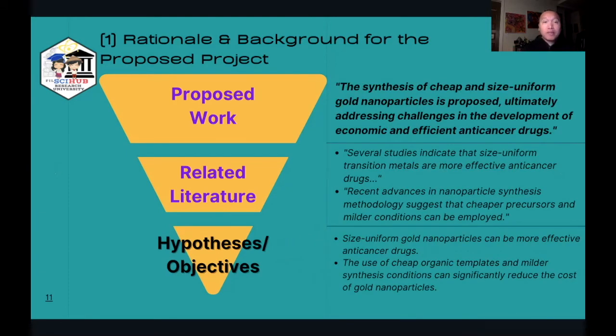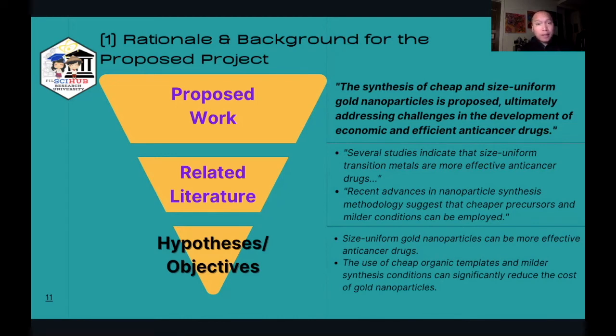Again, an example based on the nanoparticle idea. You begin with restating the proposed work. You say, the synthesis of cheap and size uniform gold nanoparticles is proposed, and ultimately the goal of it is to address challenges in the development of economic and efficient anti-cancer drugs.